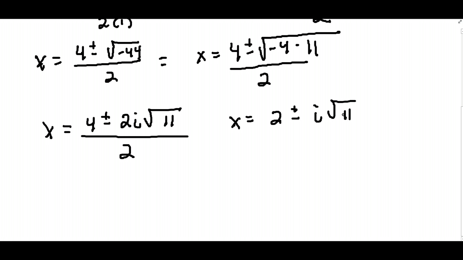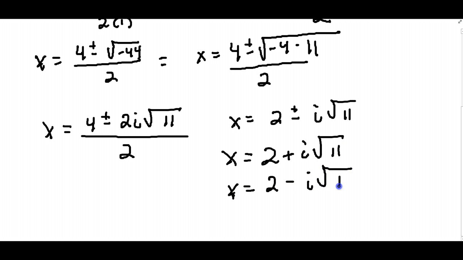We got rid of our denominator. And so that's how we leave our answer. We just split it apart. So we have x equals 2 plus i square root 11, and x equals 2 minus i square root 11. And those are our two answers. We can't simplify it any further.